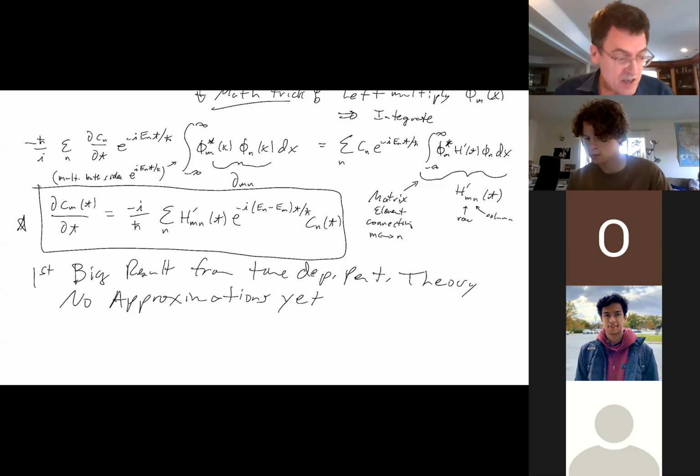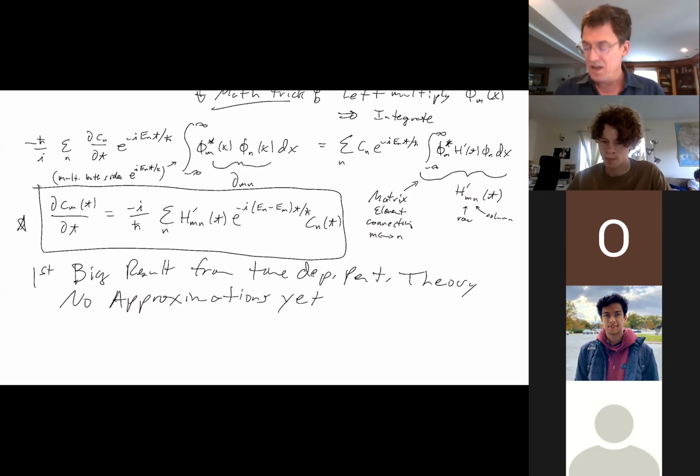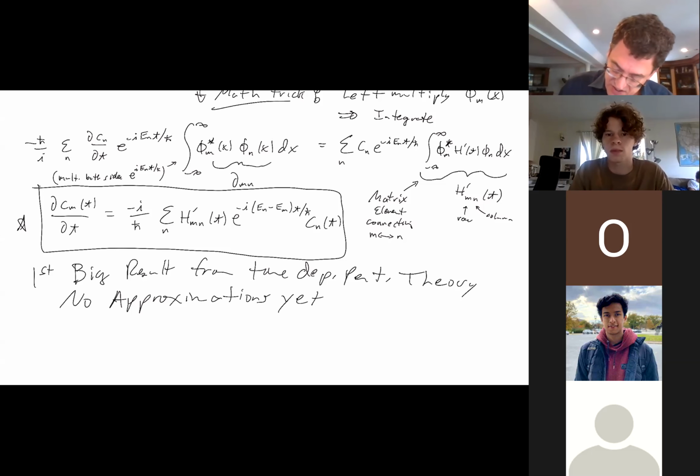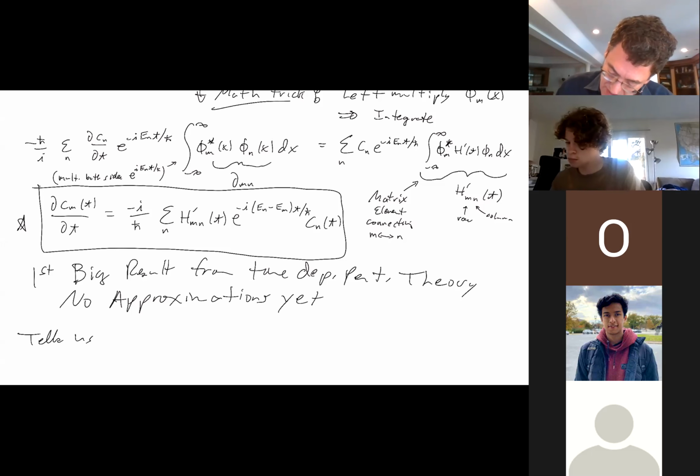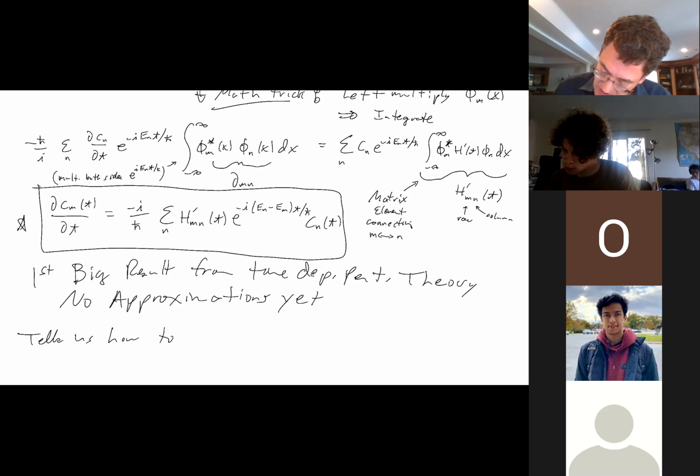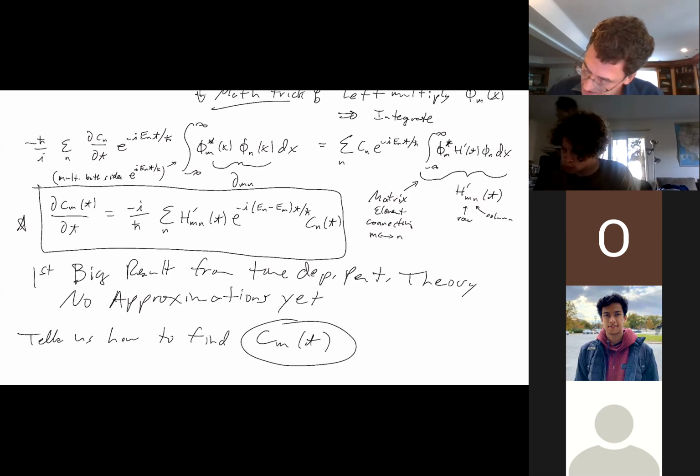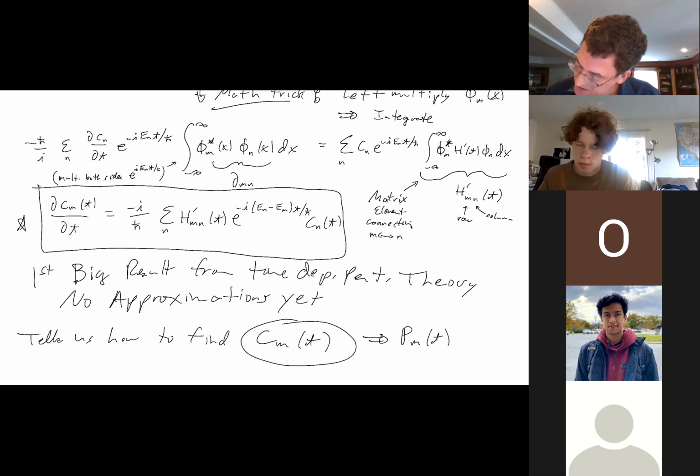We've kind of run out of time, but this equation tells us how to find Cm of t, which is the most important thing, because what we want to know is Pm of t, the probability to be in state m at time t, which is the square of Cm of t.